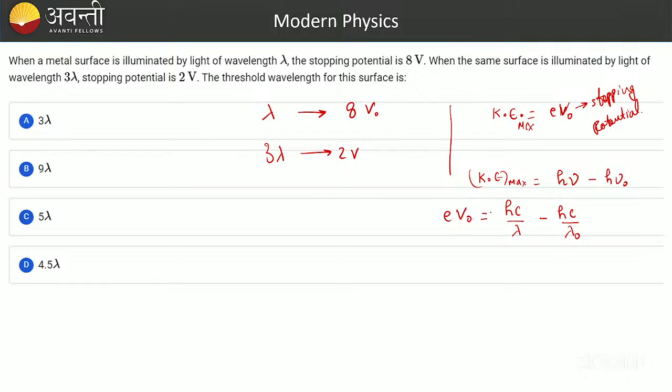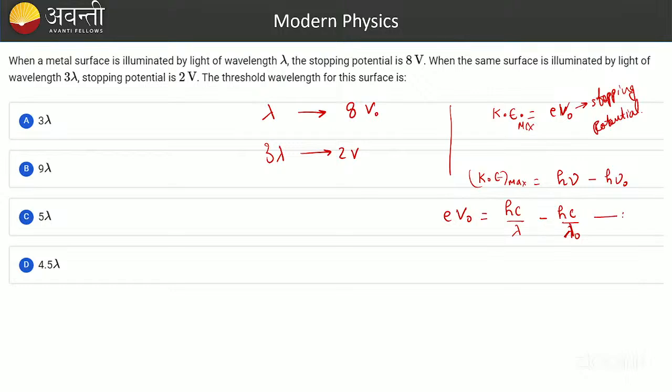Now, for the first case, when the incident wavelength is lambda, the lambda naught will not change, because lambda naught is a material property, so it is not affected by the incident radiation.